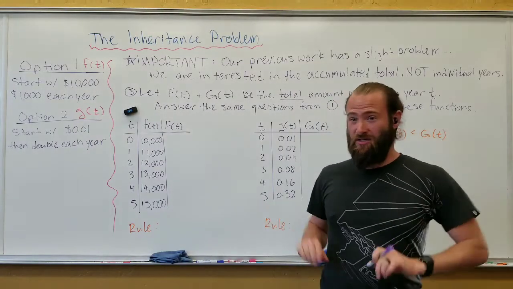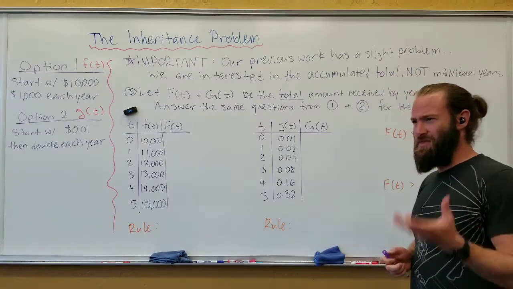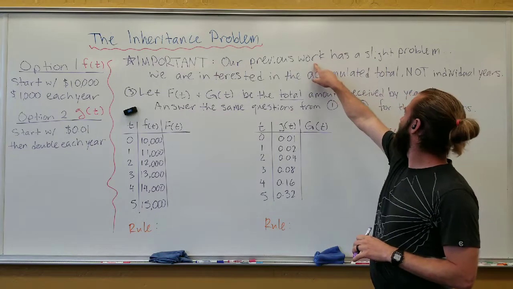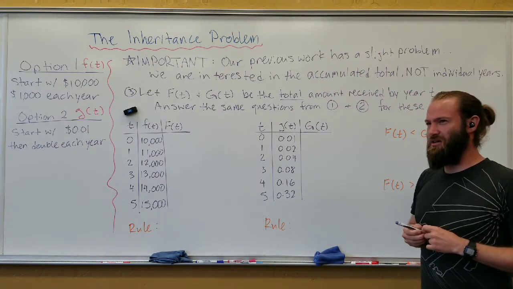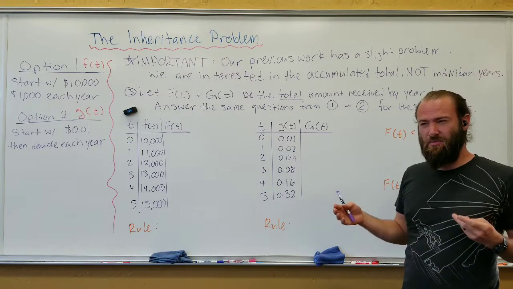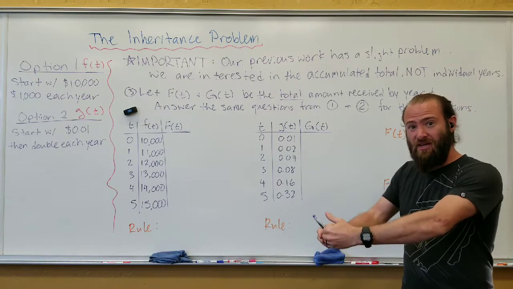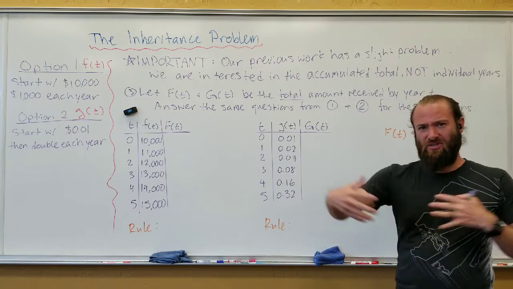Okay, so I have to apologize. I tricked you guys a little bit. Maybe you already suspected this. You might have already been thinking, we had a little bit of a problem in the last question, because remember, we're trying to figure out which option is best, and since the problem statement itself said that each year I'm given however much, my inheritance is actually the total of all that.